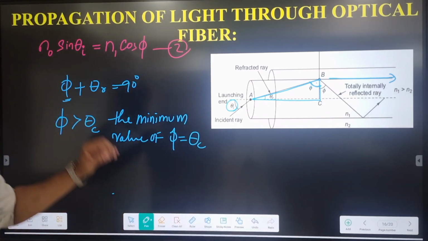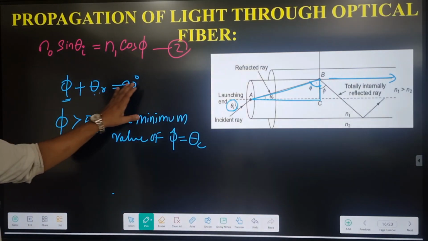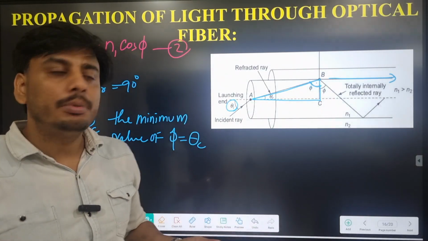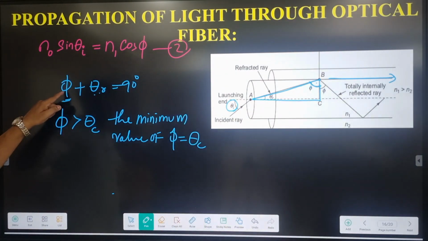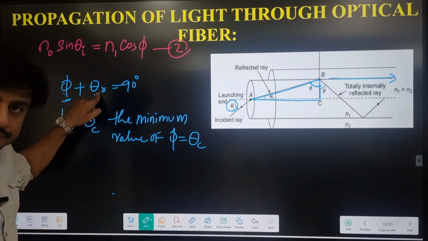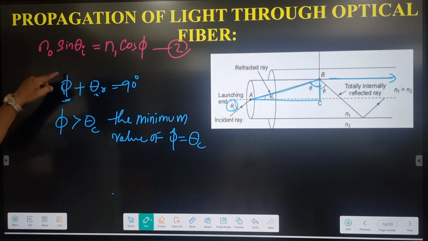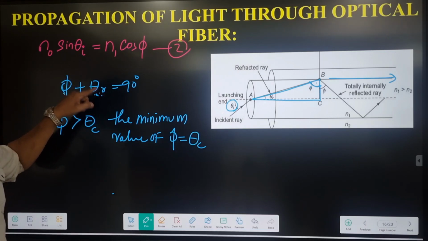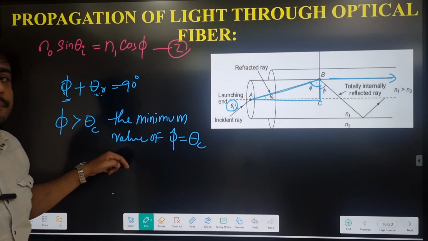So now understand one thing, A plus B equal to 90. If A is minimum, B must be maximum. For an example, let phi equal to 20 degree. If phi is 20, then theta r must be equal to 70. If phi value increases from 20 to 30, this value we have to decrease from 70 to 60.